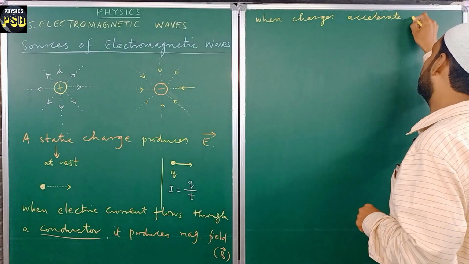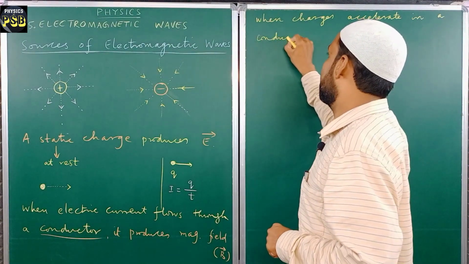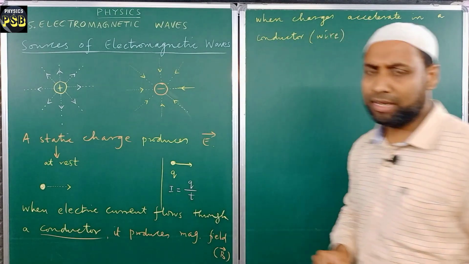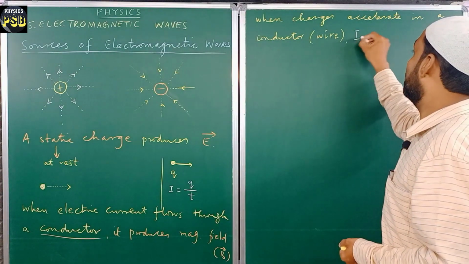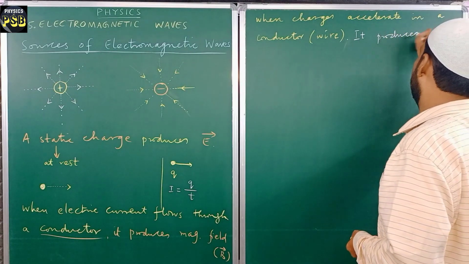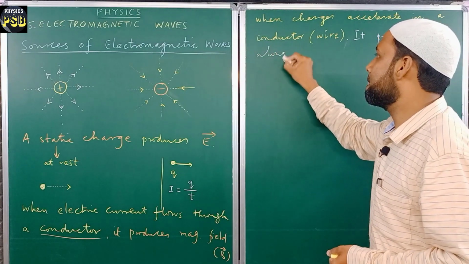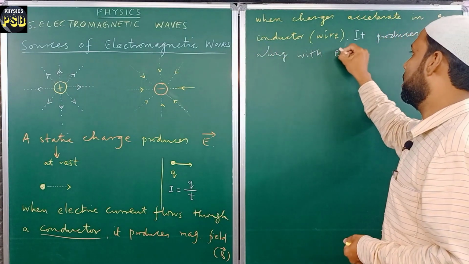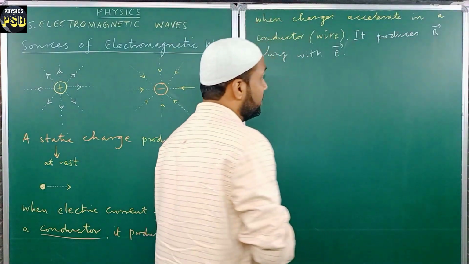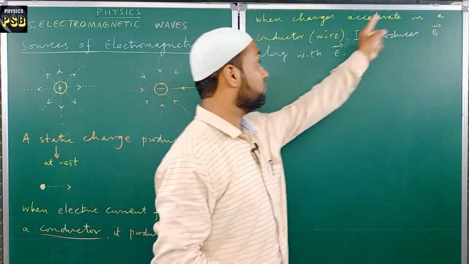When charges accelerate in a conductor, you can take it as a wire, it produces a magnetic field along with the electric field. So, as a result of this, we get electromagnetic waves, which are the combination of an electric field and a magnetic field.